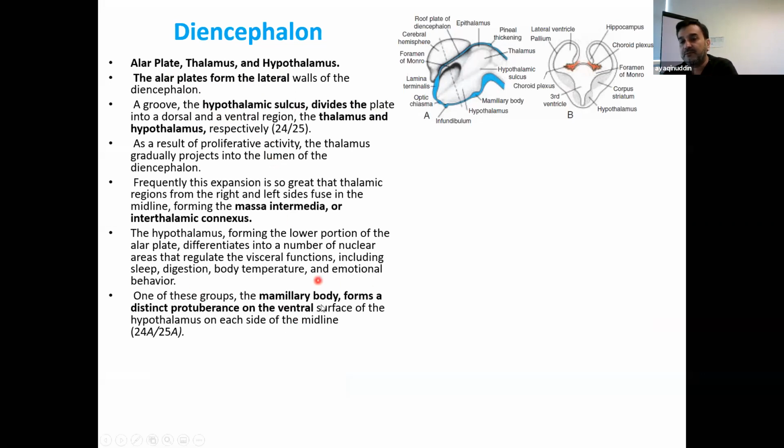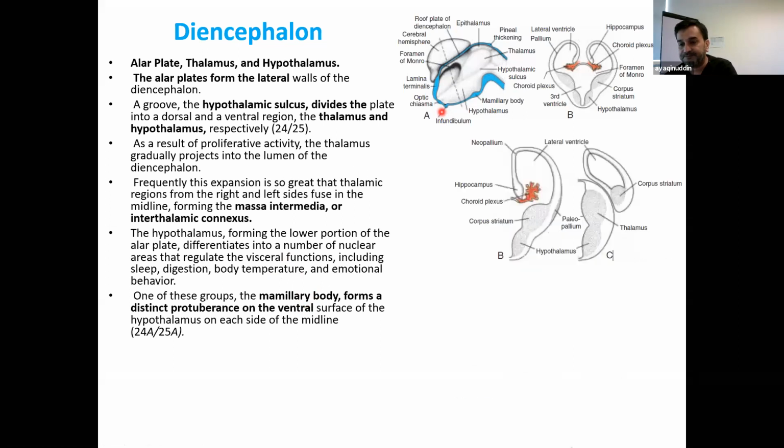One other thing which comes out from this alar plate is the mammillary body, and also you see this infundibulum coming out from the floor of the hypothalamus, and that is going to give rise to the posterior pituitary.